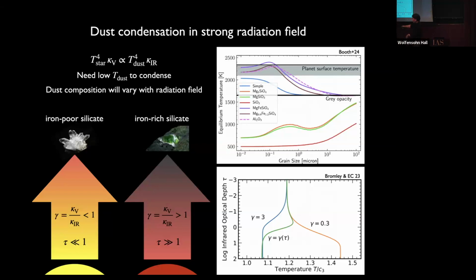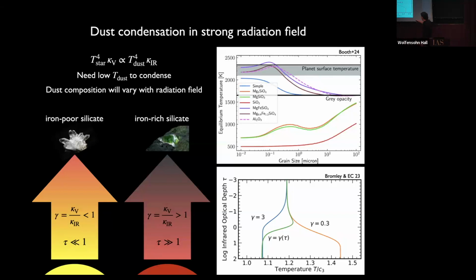Just the opposite happens under cloudy conditions. Now temperatures are cool. You're free to condense whatever you want. Iron likes to condense out. You get the usual astronomical silicates, like olivines, for which micron-sized grains, the gamma is greater than 1. So now there's a relationship between gamma and tau.